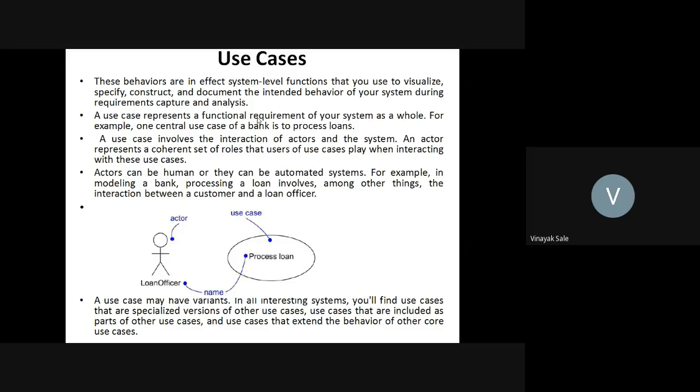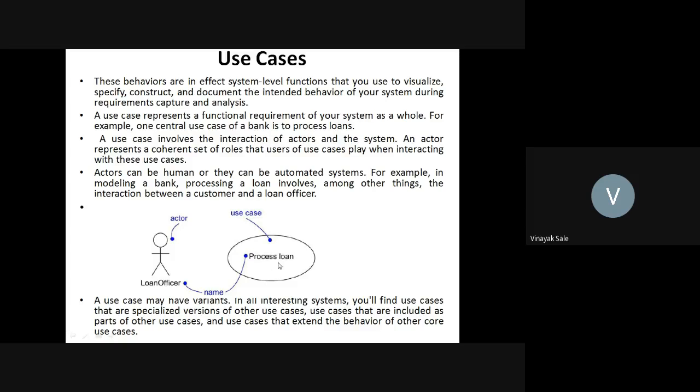For example, one central use case is a bank processing loans. See this figure, an example of a bank processing a loan. Here, the loan officer acts as an actor. This is the use case.